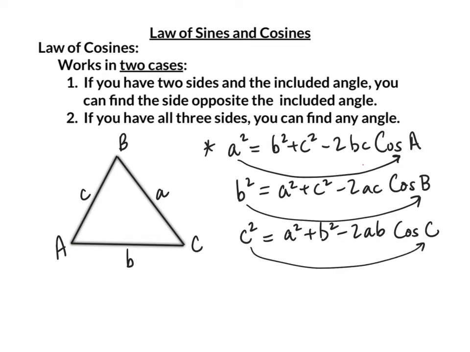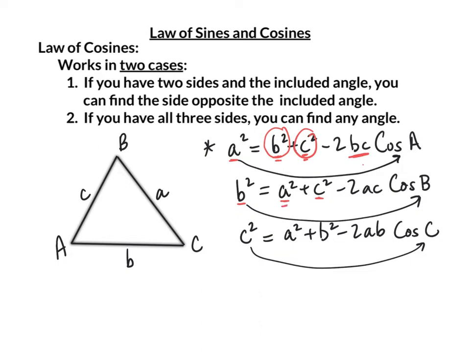Observe the pattern. a squared equals b squared plus c squared. Notice that these two numbers occur right here, minus 2bc, cosine of the angle opposite. Observe the same patterns below. b squared equals a squared plus c squared. Those are the three sides of the triangle.